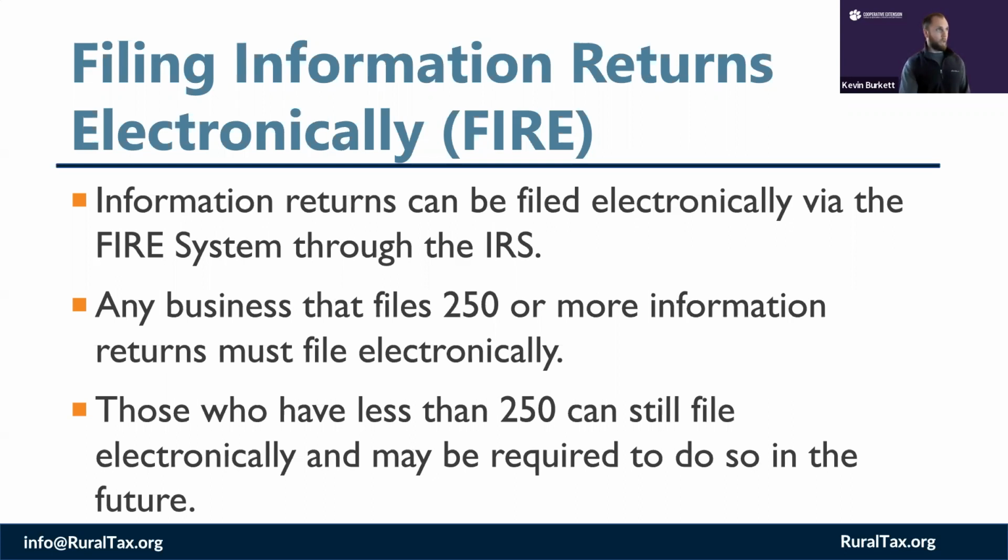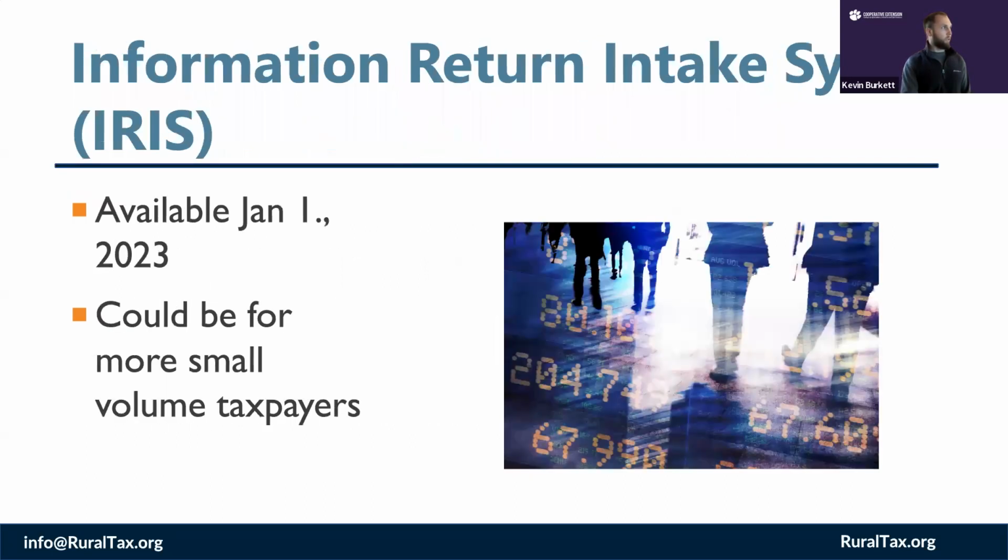And so this is one way that you can do it, is through the FIRE system with the IRS. And there has been some talk about them even lowering that threshold, and I don't know what that would be, if it'd be 100 returns or what have you. But at this point, it is still 250 returns.